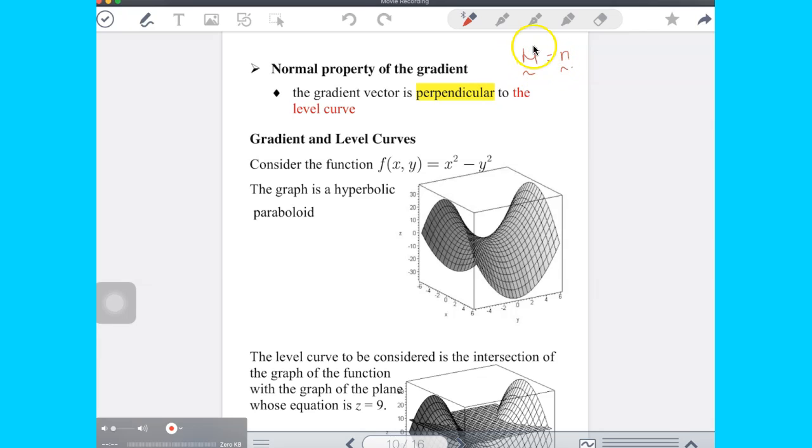But the capital N is normally used when we have a vector function. You are given r, you find r prime, you find T, then you differentiate T and find its magnitude, and you obtain the unit normal vector. For that we always use capital N.